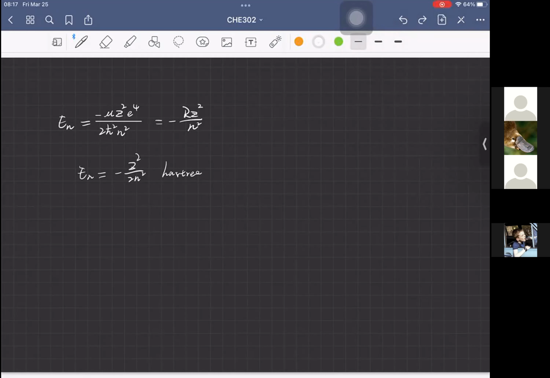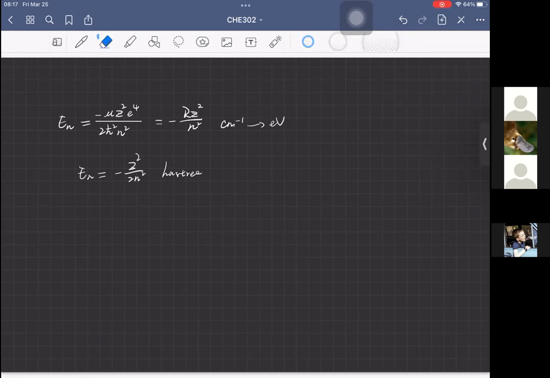Can I just use this unit at the end? It depends on what units they ask. But if they don't ask you for any specific units, just put your Hartrees. So I don't need to convert it to eV or anything? Unless they explicitly ask you.